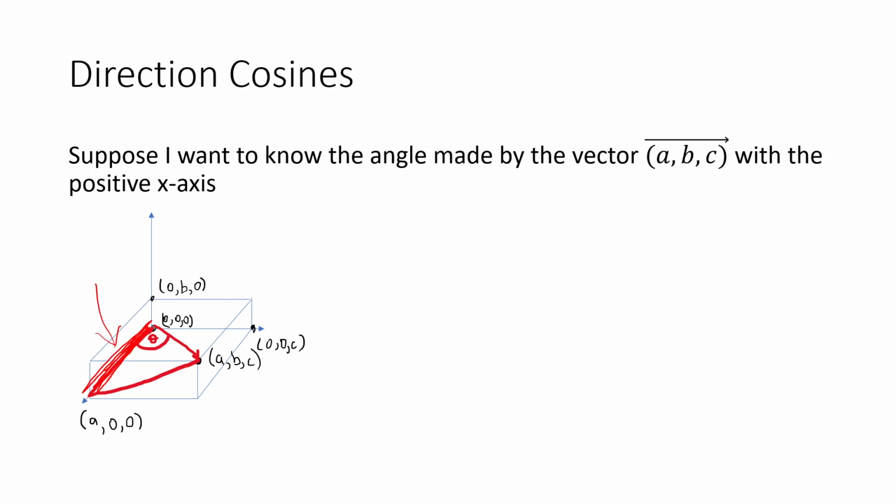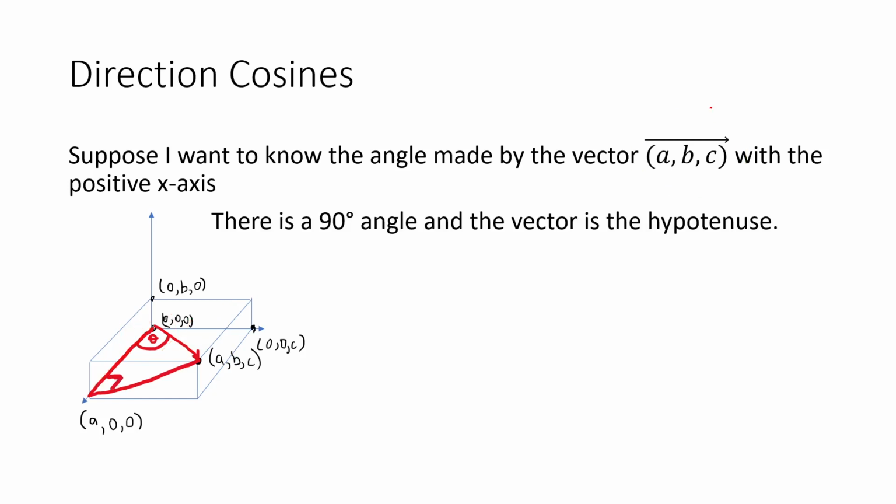I'm looking for the angle, but to determine the angle, I'd like to know the length of that line that I'm pointing at, and the length of the hypotenuse. I know that there's a right angle here, so if I can determine the length of this line and the length of the hypotenuse, I can say cos theta is simply equal to the magnitude of that line over the magnitude of that hypotenuse, the vector itself, the vector ABC.